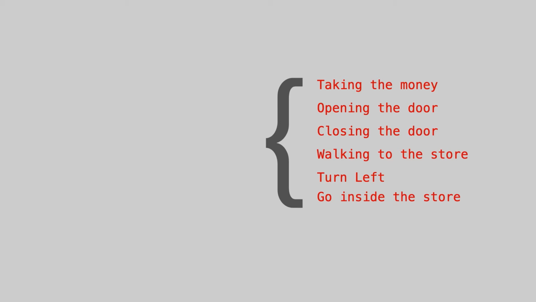And we can also give this function a descriptive name, like get_milk. Now, every time you want to use get milk, the housekeeping robot knows exactly what to do because it will execute all of these instructions contained inside this get milk function.